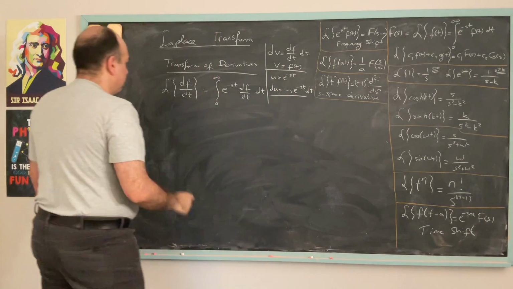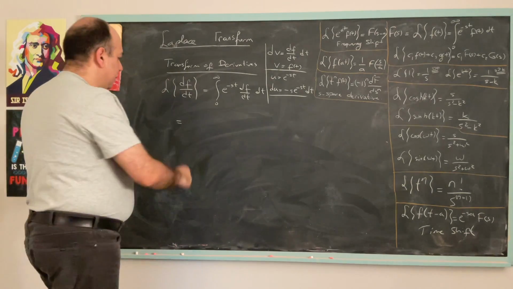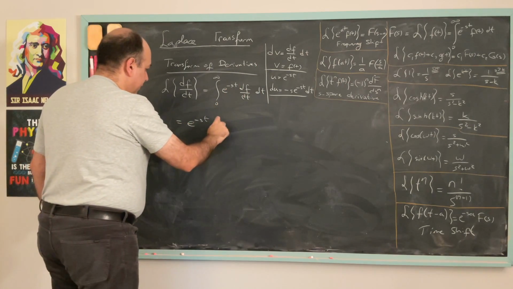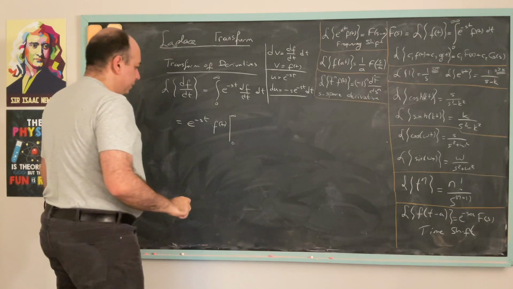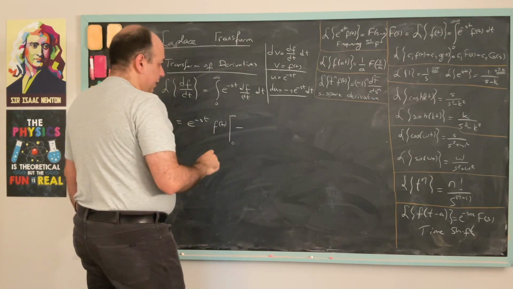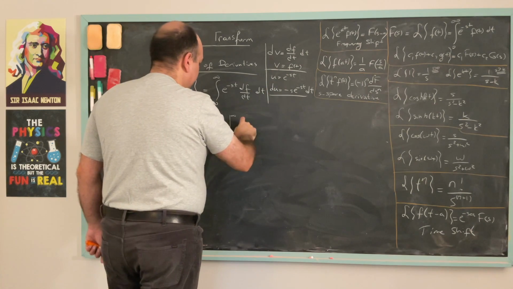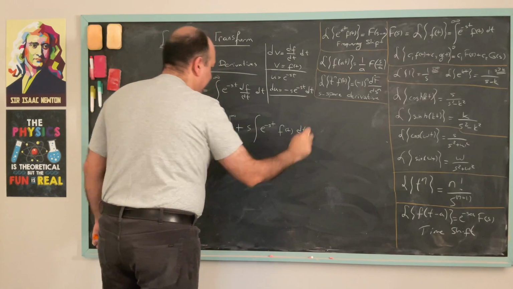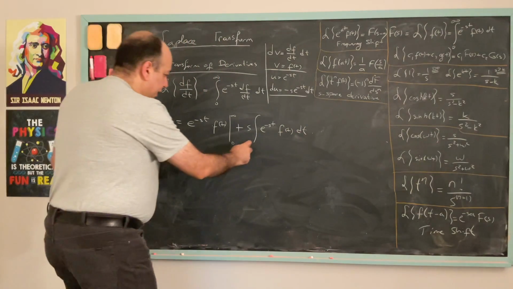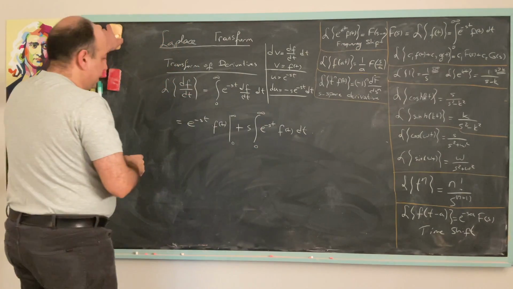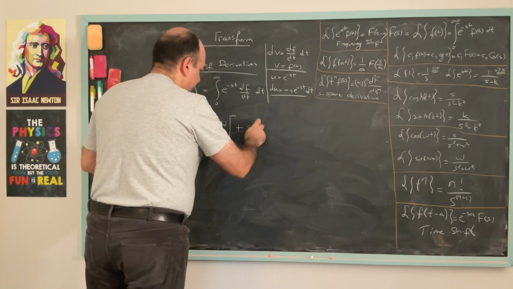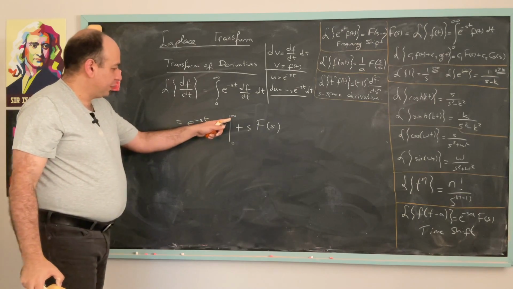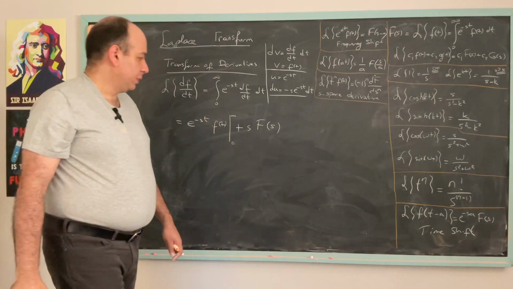So this integral becomes u times v, e to the minus st times f of t, evaluated from 0 to infinity, minus the integral of v du. So there's a plus s here, e to the minus st f of t dt. Well, this is great. This term is nothing but F of s. When t goes to infinity, the upper limit, this term will be 0.